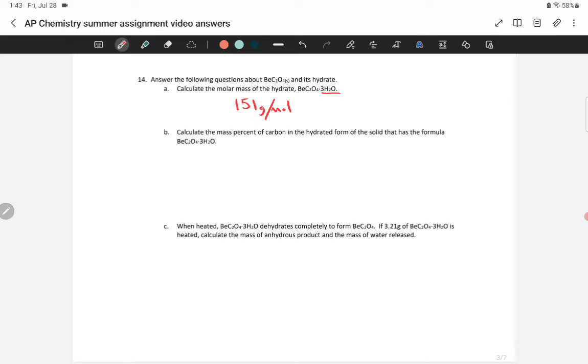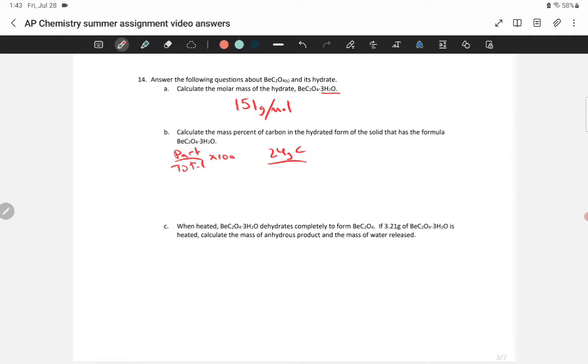Okay, calculate the mass percent of carbon. For any percentile, it's the part that you're interested in divided by the total times 100. So in this case, we're interested in carbon. If I look at how many carbons are in this molecule, it's 2. So 2 times 12 is 24 grams.